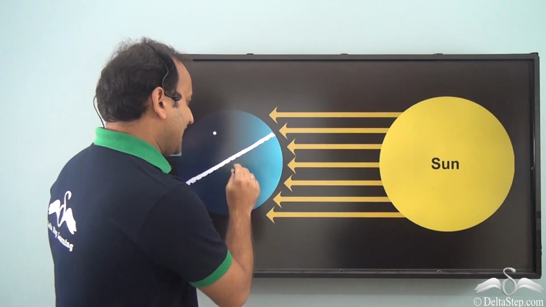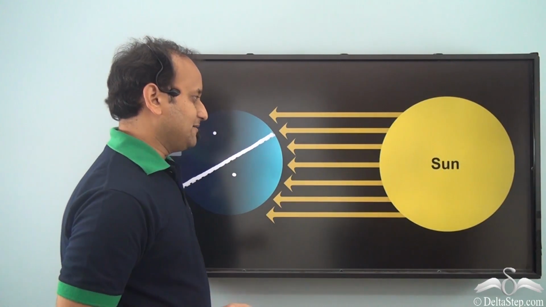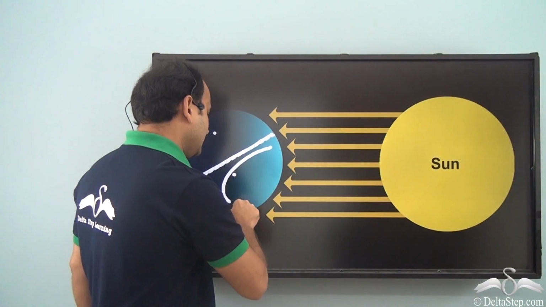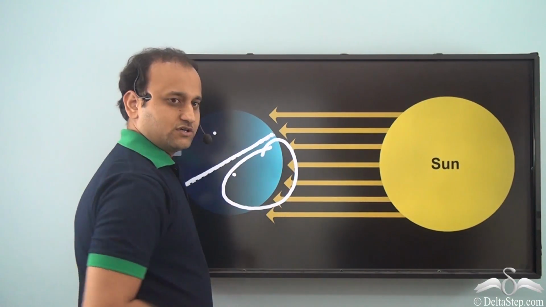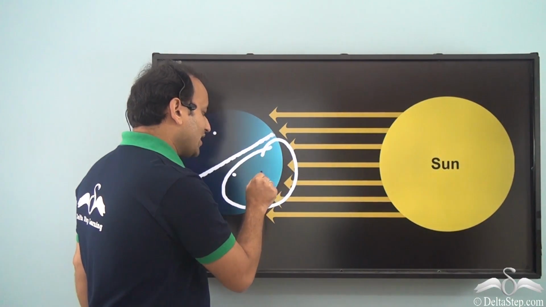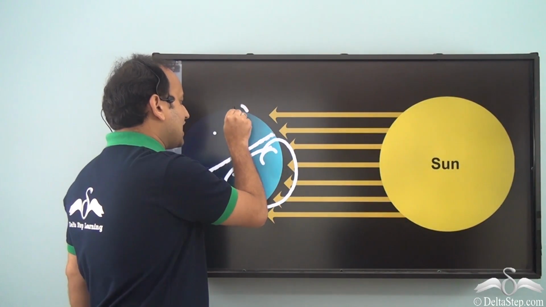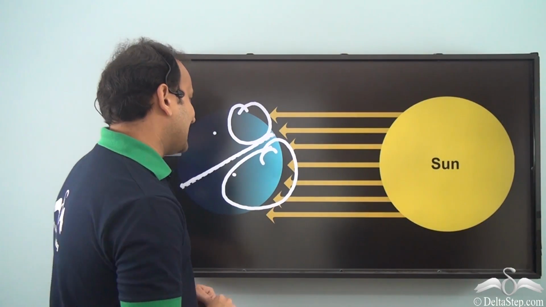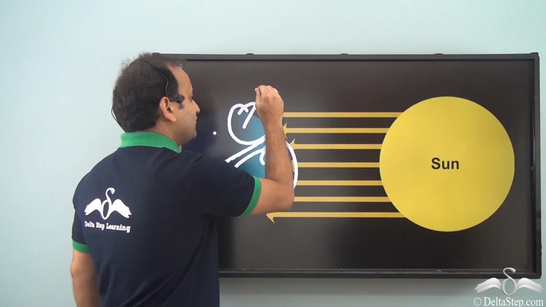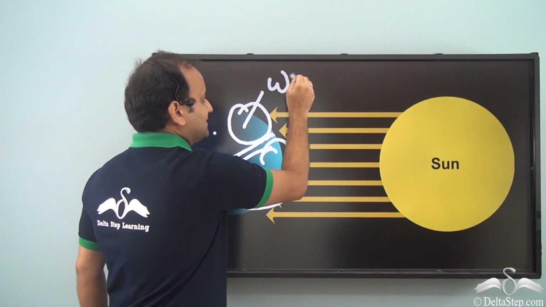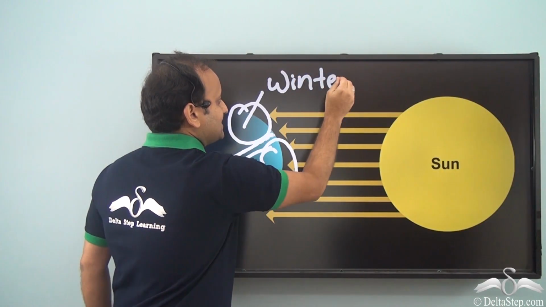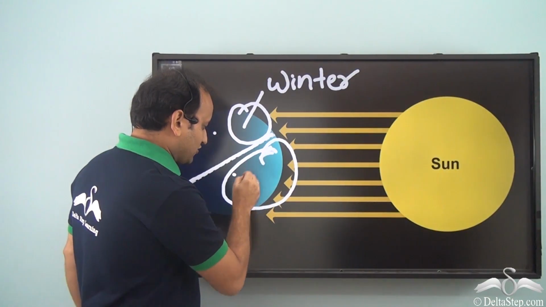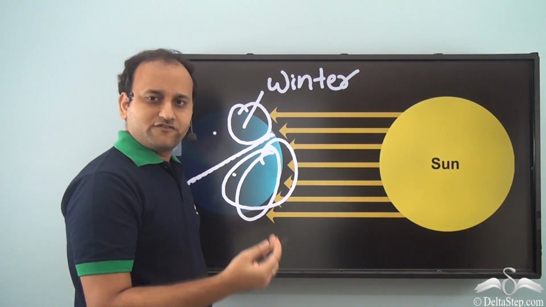We see that at this particular point in time, the sunlight is majorly coming to the lower half of the earth, while the upper half is getting very little sunlight. And that is why the upper half will have winter, as it is getting less sunlight, so it will be colder, while this particular portion is getting a lot of sunlight.